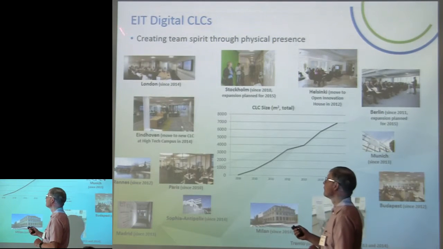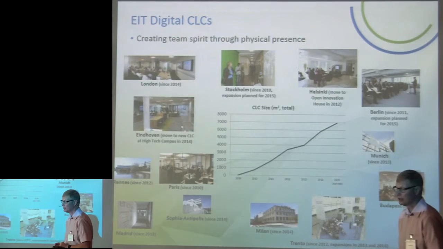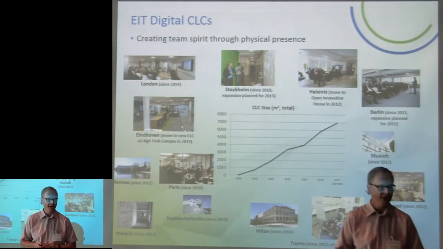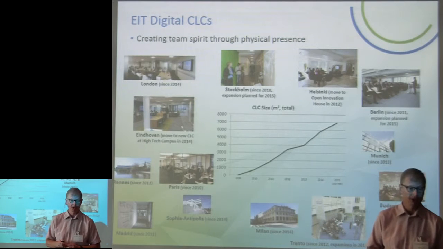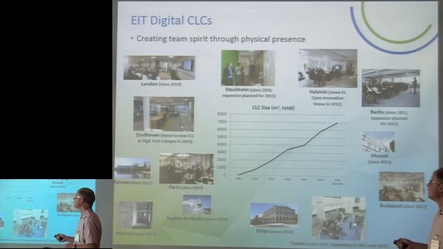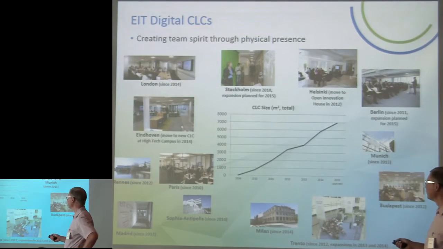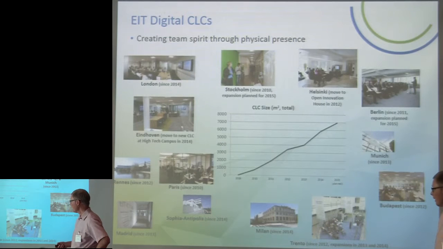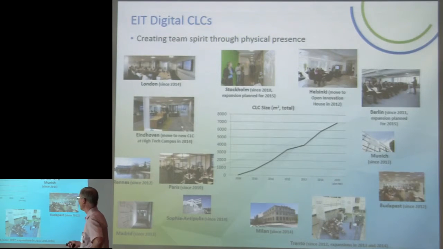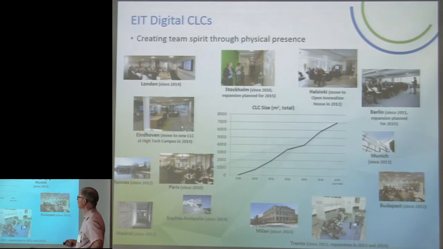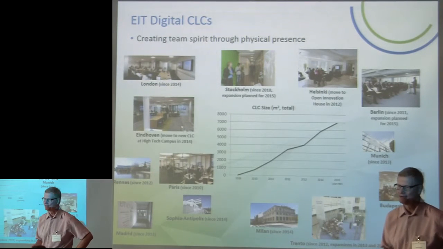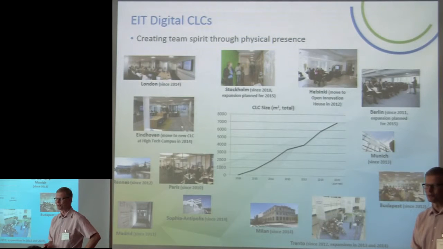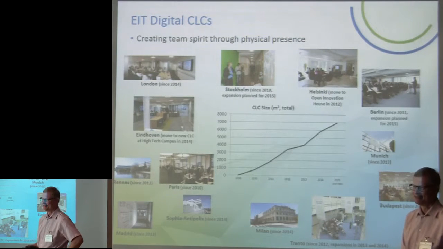Well then, as you may know, EIT Digital has several locations. We call them co-location centers, CLCs. There are, I guess, a total of 9 or 10 different locations, and we are at one of them. I don't know if you already did this expansion that you have planned for the Stockholm site. Yeah. Okay. Yeah, maybe in Luleå.